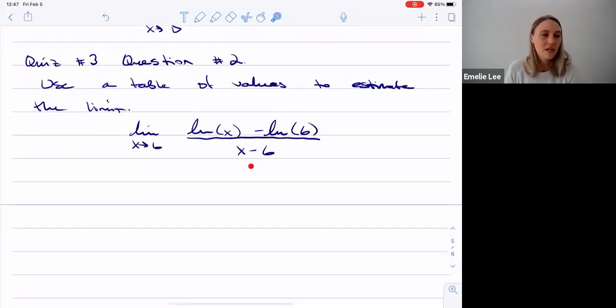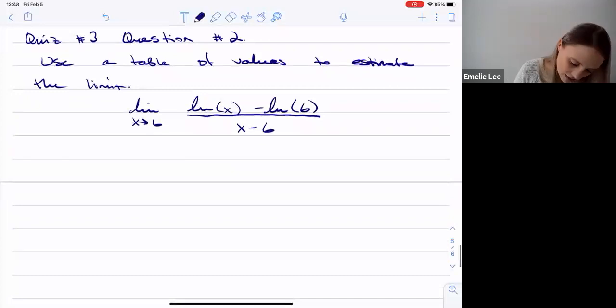I don't want to do that. This is where I said in the instructions you only need to find 2 values. The trick is to find 2 values that are sufficiently close to 6.